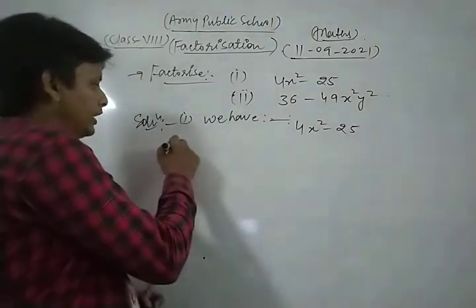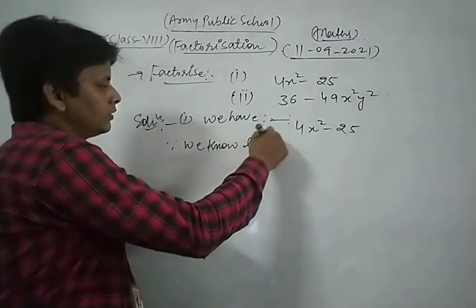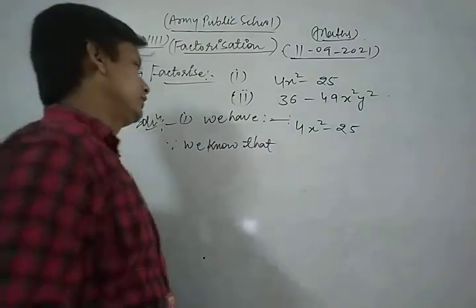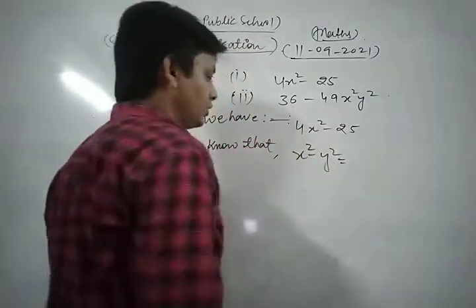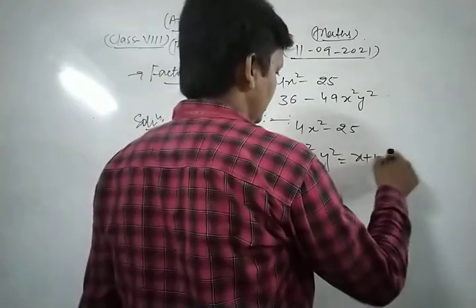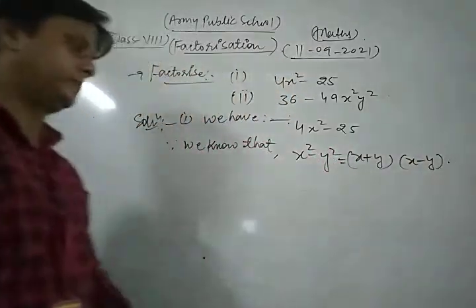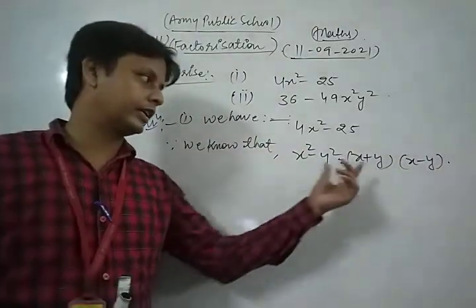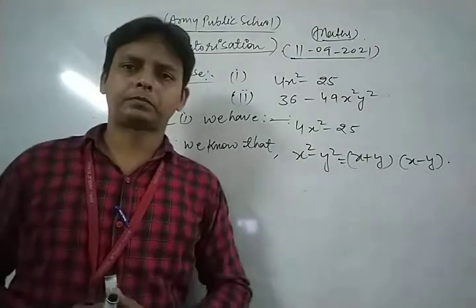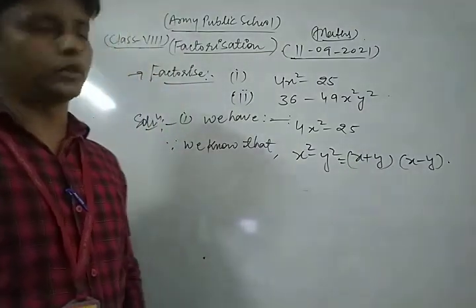So since we know that a square minus b square is equal to a plus b into a minus b. A square minus b square we can write as a plus b into a minus b.